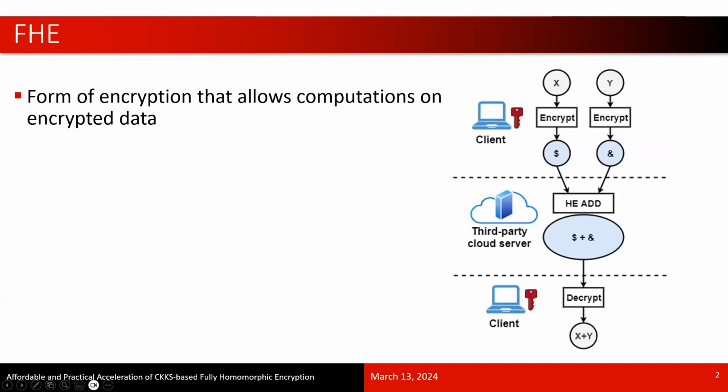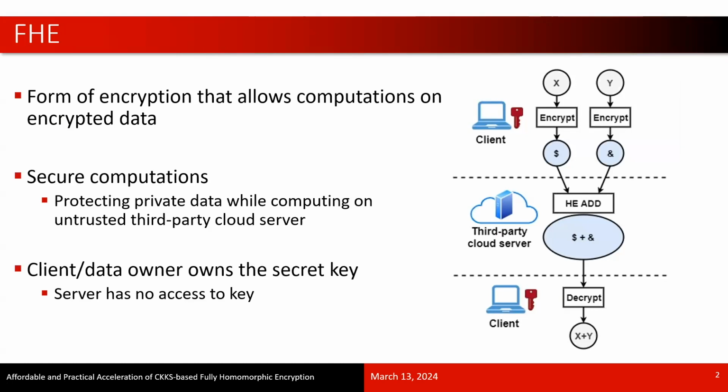So let's get started. Fully homomorphic encryption, as you all know, has emerged as one of the powerful cryptographic tools to enable privacy-preserving computing by allowing computations over encrypted data. Therefore, in scenarios where private data needs to be uploaded to a third-party cloud server, fully homomorphic encryption enables cloud operators to perform complex computations on encrypted user data without ever needing to decrypt it.